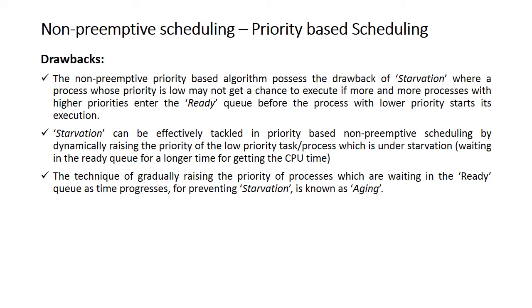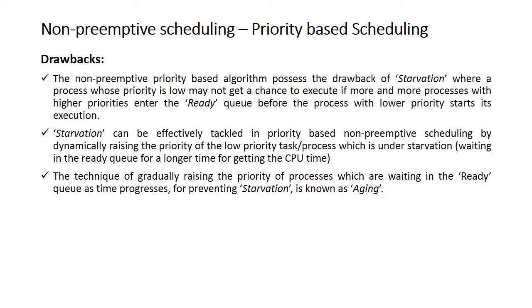So if processes having higher priority keep on entering the ready queue, then the processes having lower priority will not get any chance for execution. This is a drawback, and this is called starvation.